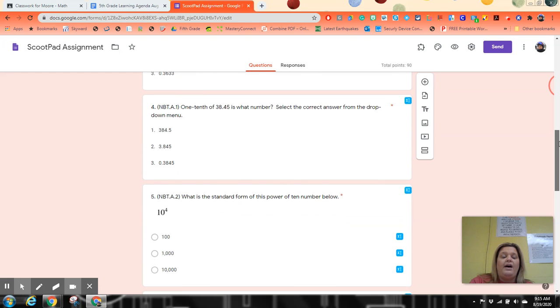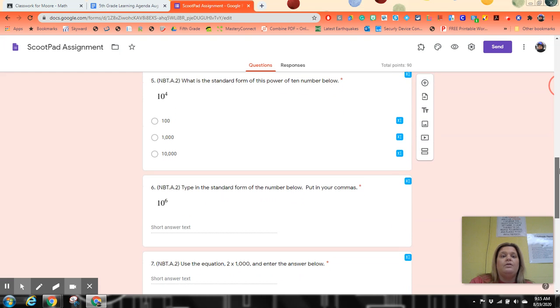And then numbers 5 through 10 are the newest thing we talked about, powers of 10. So remember, you have your base number, which is going to be your 10. Your exponent is how many times that number is going to be factored, or multiplied. So, for example, if you have 10 to the second power, it's 10 times 10. And how many zeros would your answer have? 2.